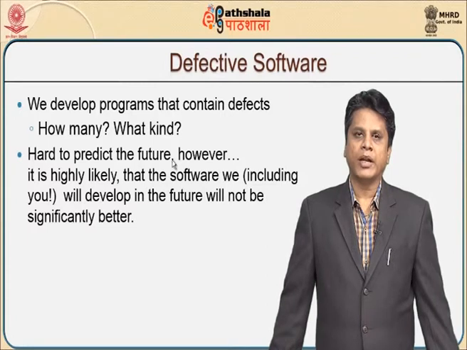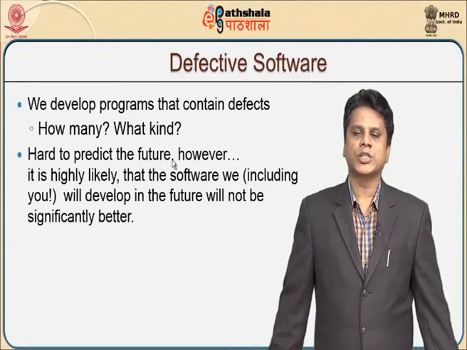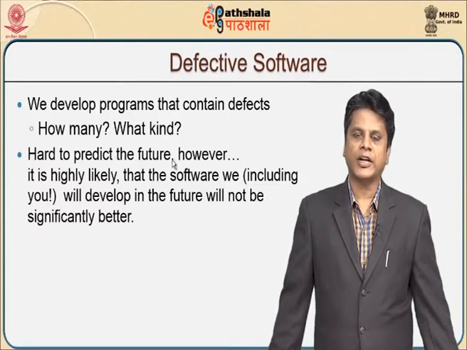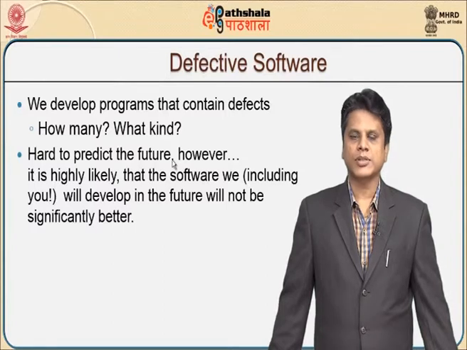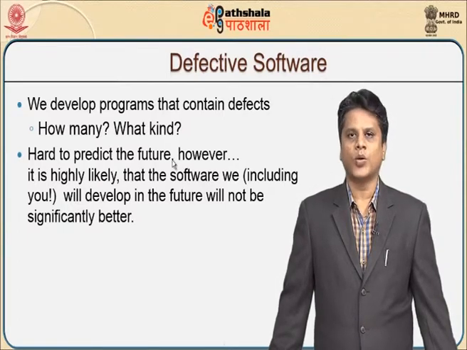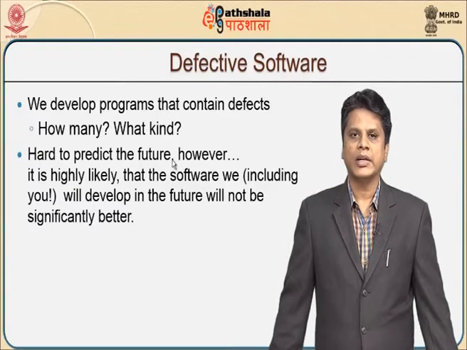So, what do we mean by defective software? Are the software products which are manufactured really defective, or do we call those really defective software? We try to develop programs, and they contain defects. After having mentioned the defects, how many defects are involved or what kind of defects are involved is the major challenge that we have to find out.